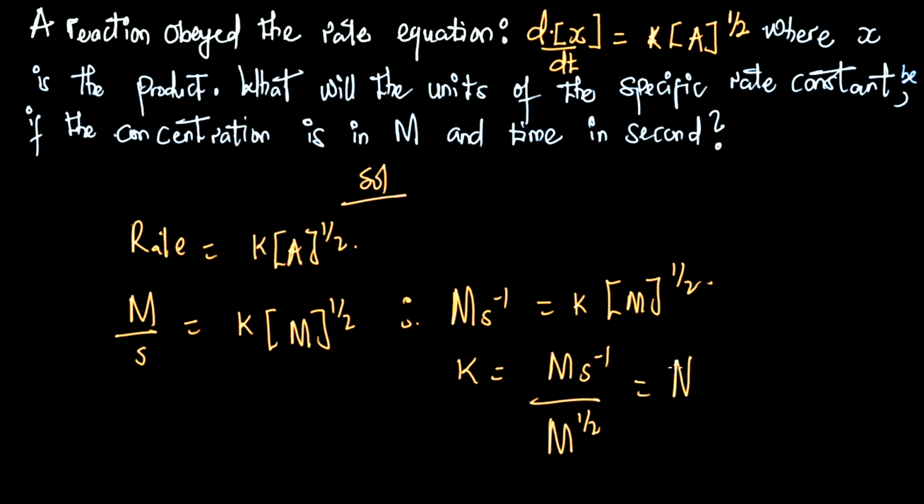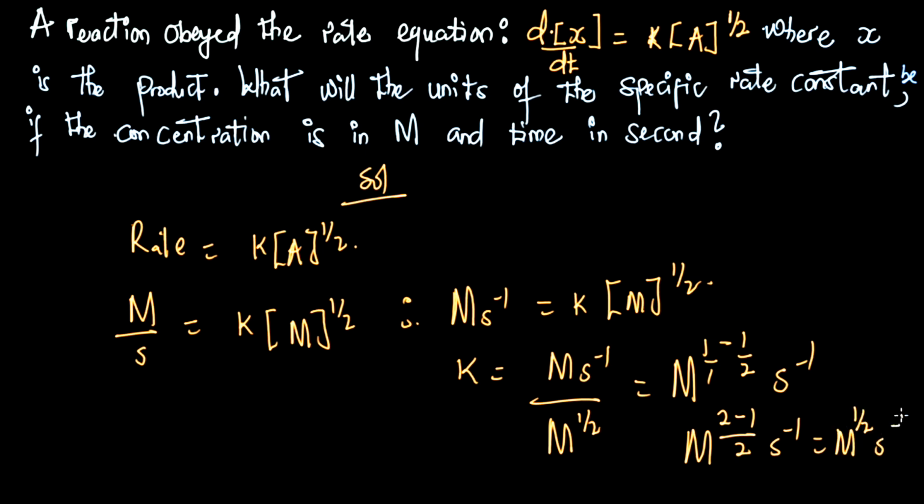We can therefore express this as M^1 raised to the power 1 minus 1 over 2, s^-1. So we have that this is M to the power 1 over 2, s^-1. So we have that the unit equals M^1/2 s^-1.